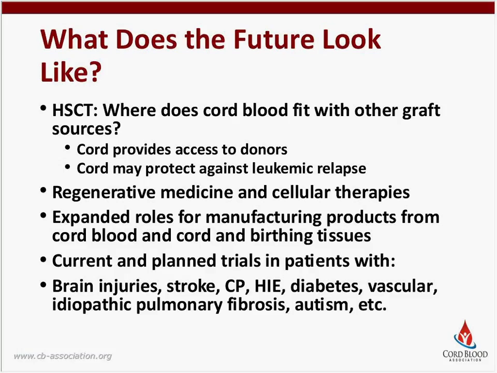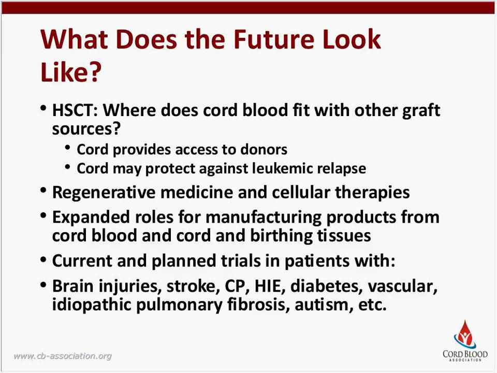Cord blood may protect against leukemic relapse, for instance. There could be regenerative medicine and cellular therapies. And there could be an expanding role for manufacturing products from cord blood, because there can be off-the-shelf products or there can be autologous products, and also the tissue surround.